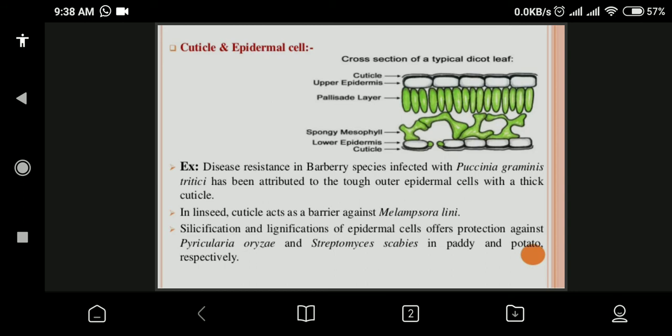Silicification and lignification of epidermal cells offers protection against Pyricularia oryzae and Streptomyces scabies in paddy and potato respectively. Thus, the cuticle is helpful for the host and defends the host from some pathogens in some way.